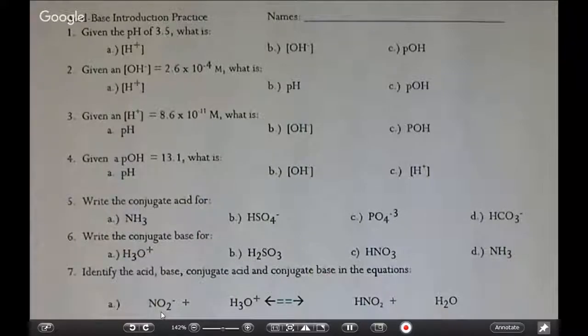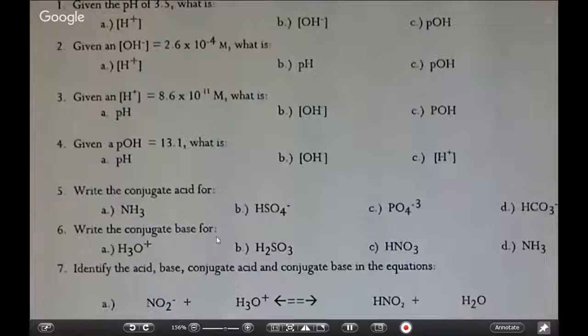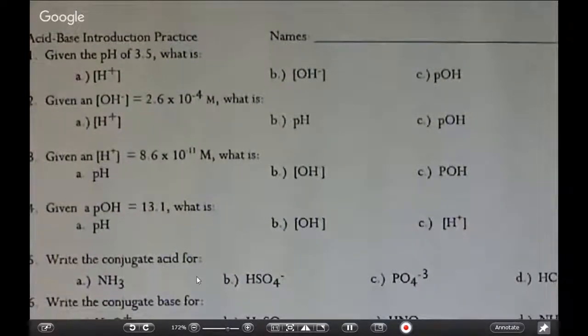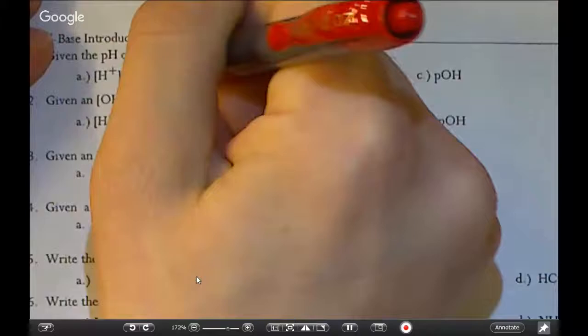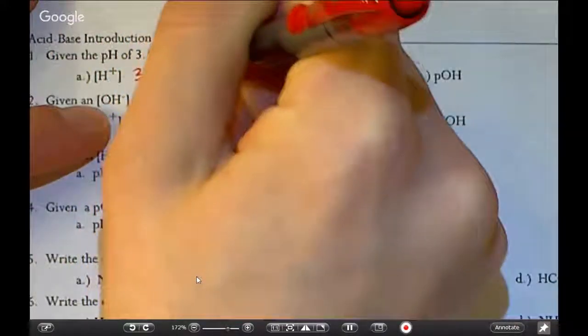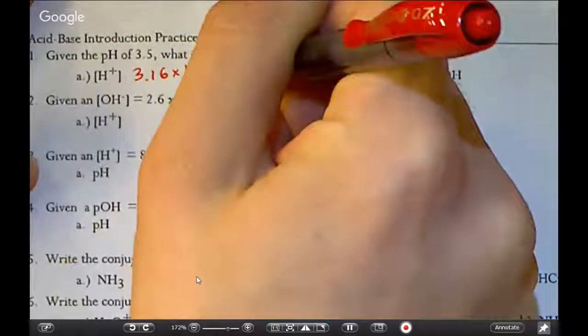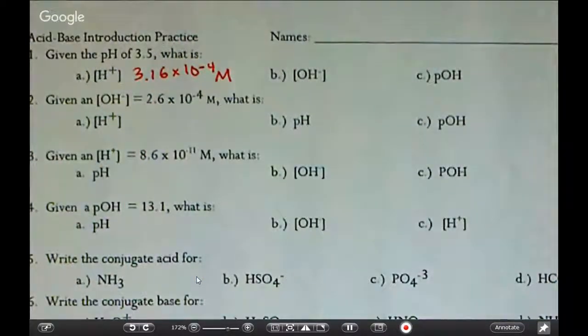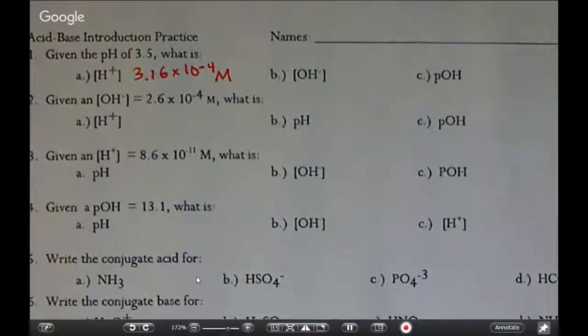Okay. So for 1A, 3.16 times 10 to the minus 4 molar. Do we have to do it in 3.16?